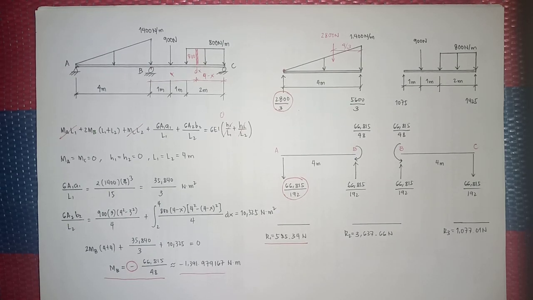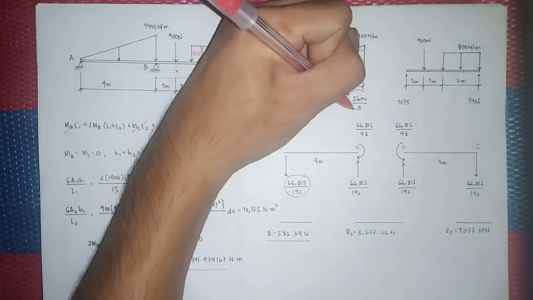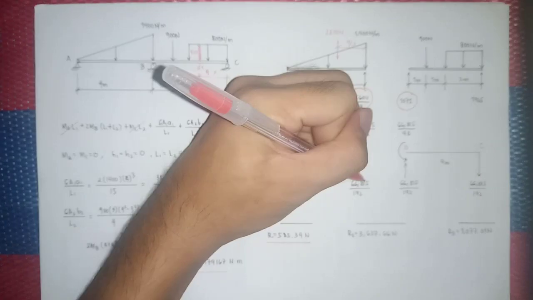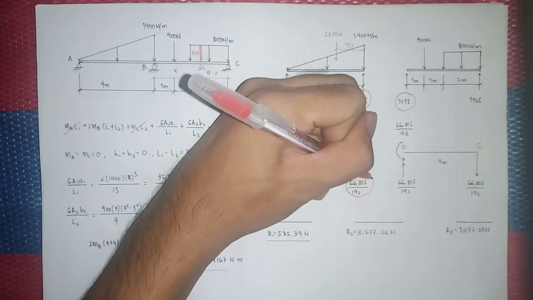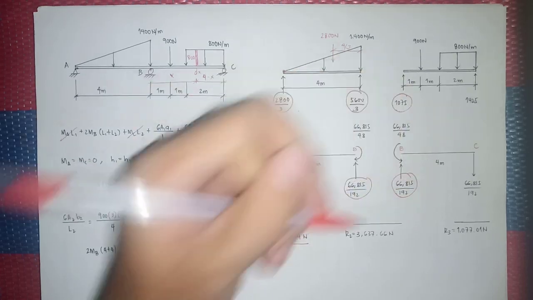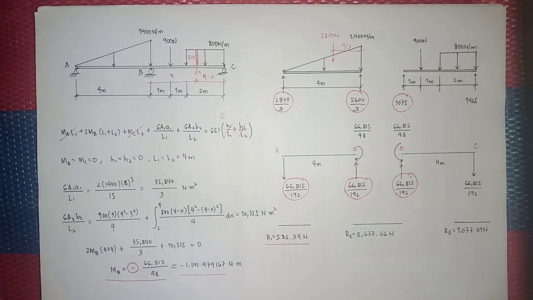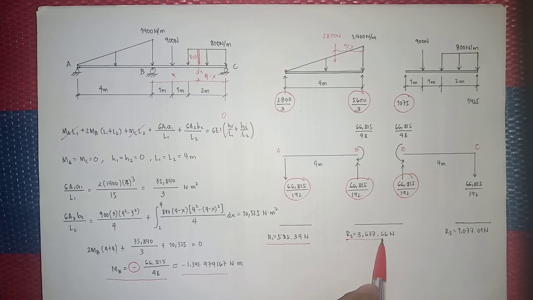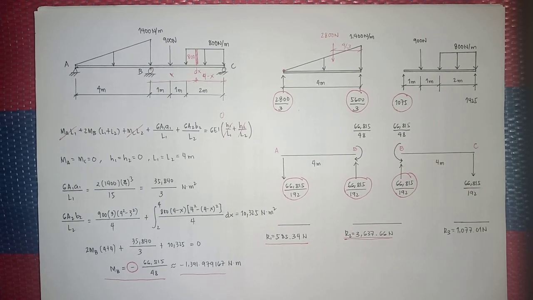Okay, so lahat naman ng nakatutok sa B, pag-add din natin. So we have what? 5,600 over 3, 1,075. This 66,815 over 192, and the other 66,815 over 192. So we're going to get 3,637.66 newtons.